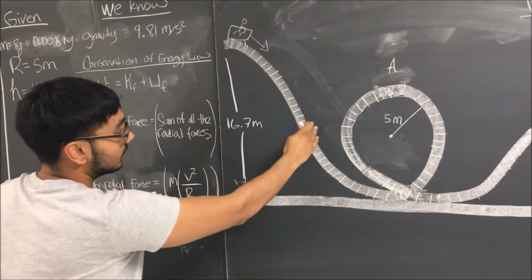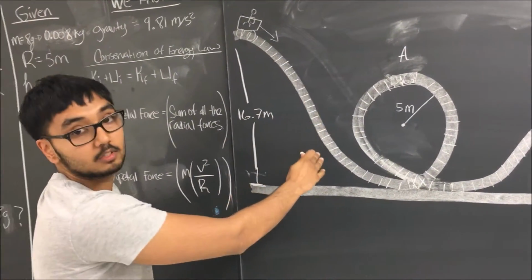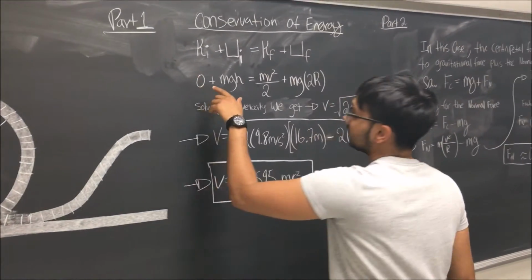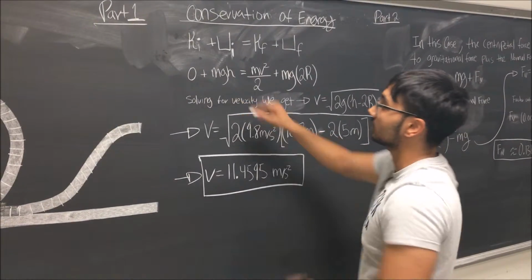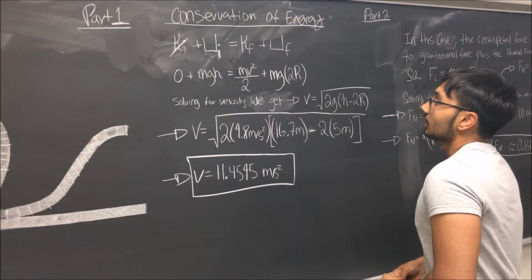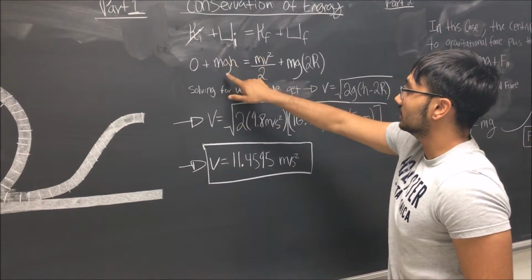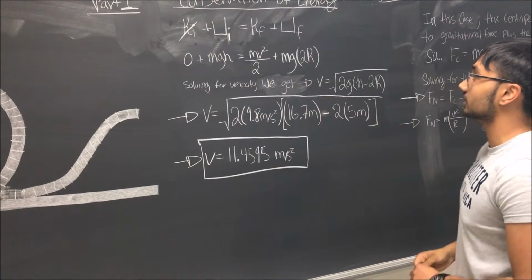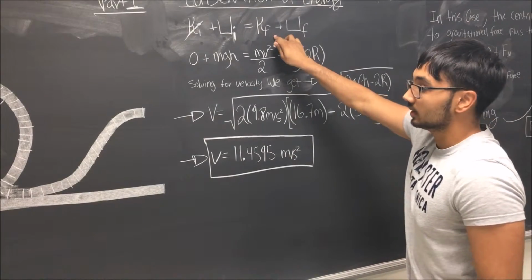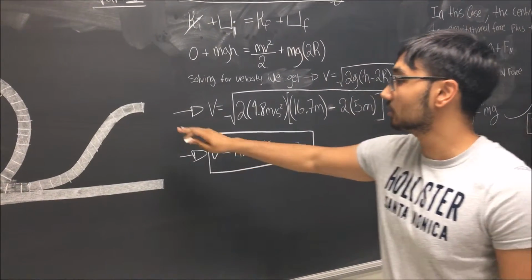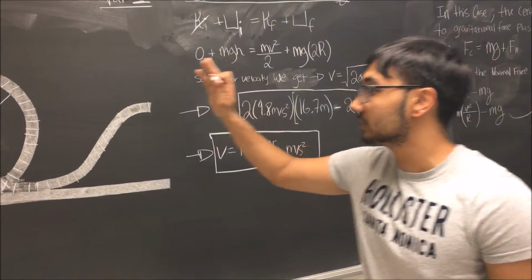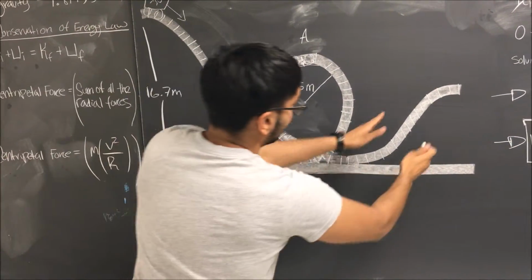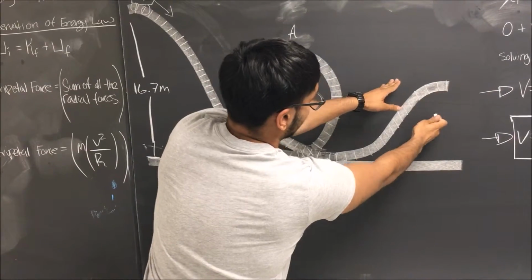As it goes down, the kinetic energy comes into play. So in that case, we know that the kinetic energy initial is going to be 0, so we can cross that out. The potential energy is mass times gravity times the height, which is equal to the kinetic final. In this case, there is no friction, so we know that whatever we start off over here has to be the same energy over here.